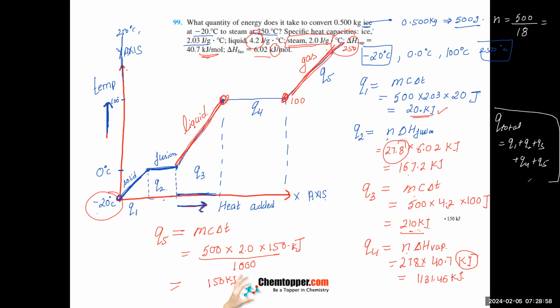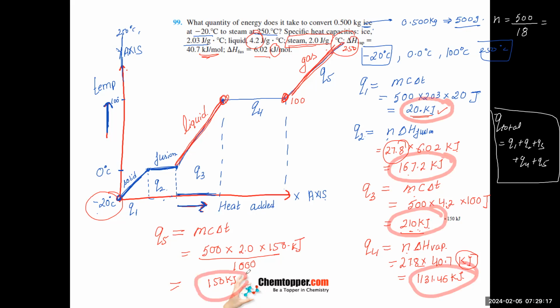That's the total amount of heat. And we calculated all the heats. You can add them. I'm highlighting the values which you have to add. This is Q1, Q2, Q3, Q4, Q5. Add all of them and you get the Q total.